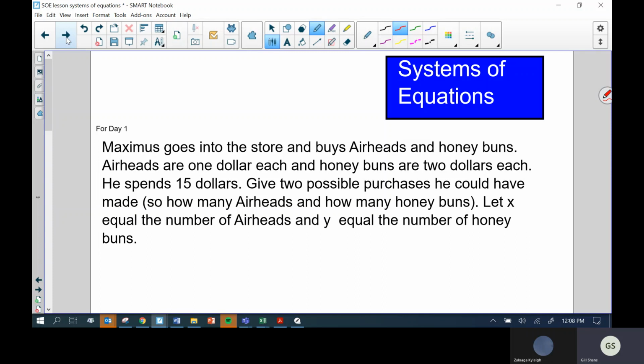The wording could be slightly different. It might be a different type of story, but it'll be the same type of process to solve it. Some of them will be the exact same wording.